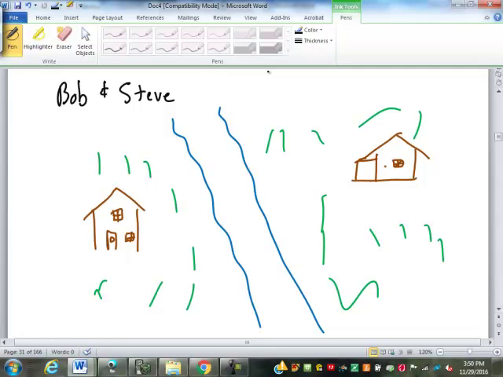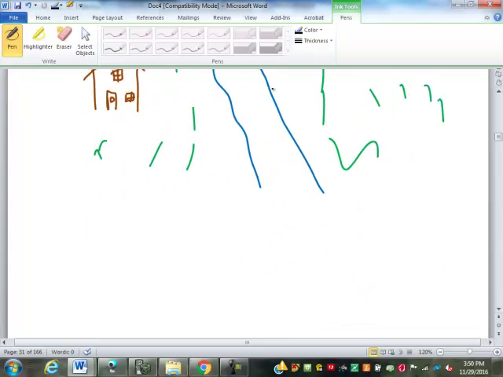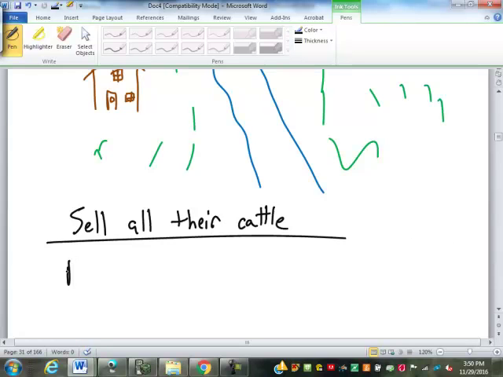Well, after trying it for a few weeks, Bob and Steve realized they're just not cut out to be cattle ranchers. So they take all their cattle into town and they sell them. The price they get per animal, per cow, is equal to the number of cows they had.